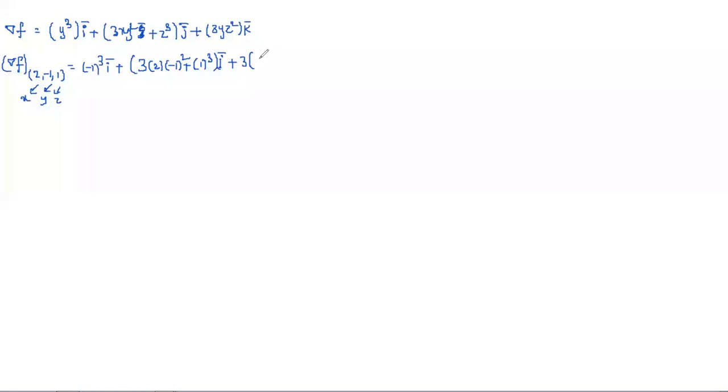So 3 into y is nothing but minus 1 and z is nothing but 1 square into k. So simply what we get, minus i, and next one plus 3 into 2 is 6, 6 plus 1 is nothing but 7j, and next here it is having minus 3k.